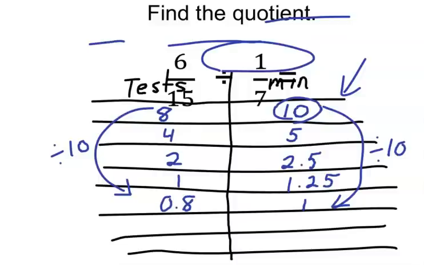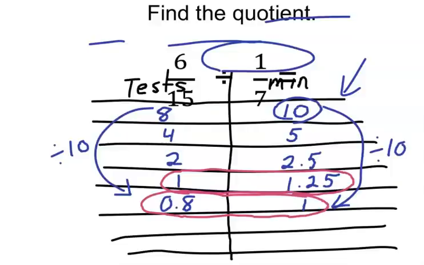So depending on what they're asking for the unit rate, if they're saying how much time per test, it'd be 1.25 minutes per test. But if they want to know how much of the test they can do per minute, it's going to be 0.8 of the test, or 80%, either one.